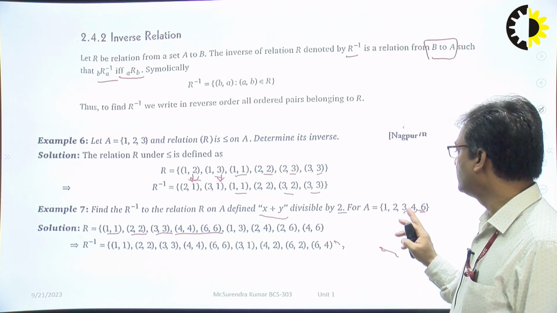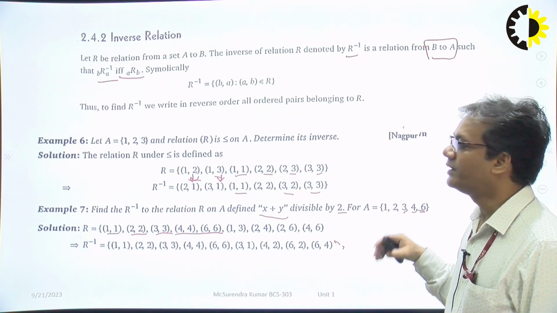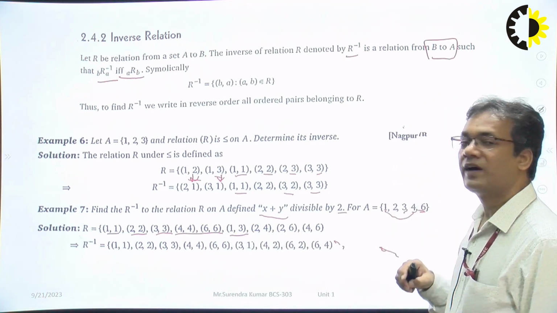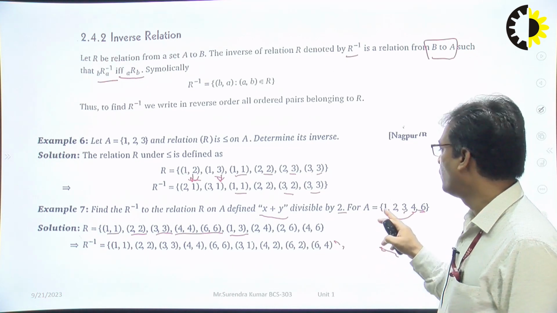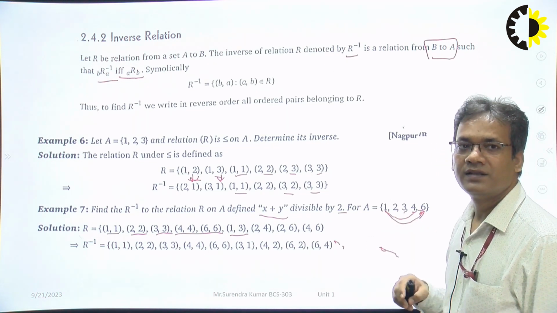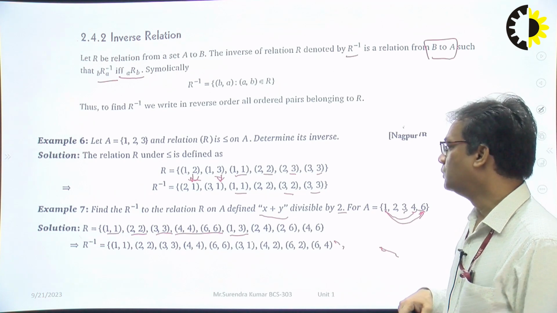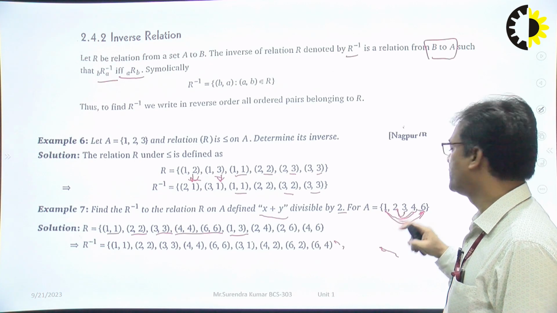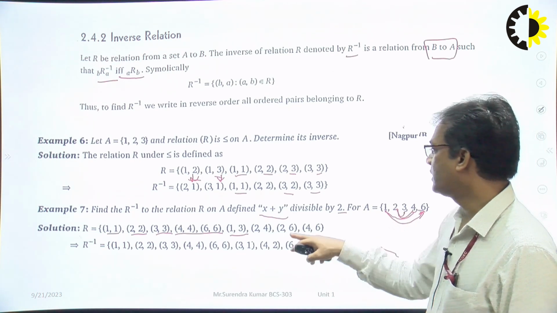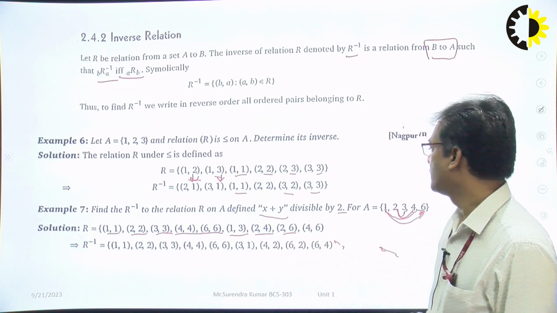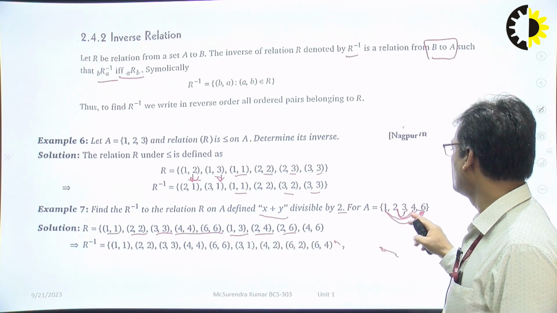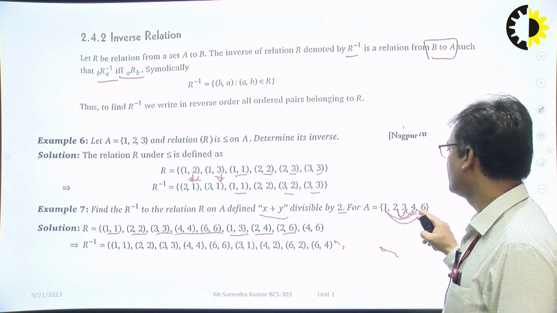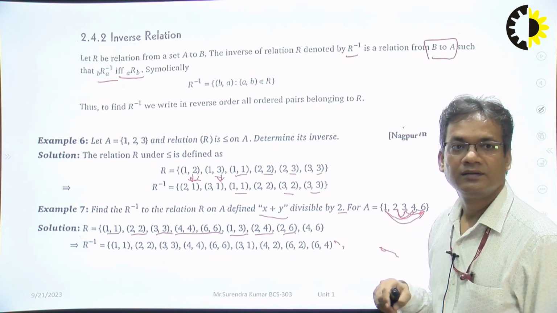If we come to (1,3), 1 plus 3 is 4 and 4 is divisible by 2, which means we will take the (1,3) pair. For (1,4), that is again 5, not divisible by 2, we will leave it. (1,6) we will leave it, it is 7, again not divisible by 2. (2,3) we will not take because it is 5, (2,4) is 6, which is divisible by 2, so we will take (2,6) and (2,4). Again (3,4) will not be divisible by 2, that is 7, and (3,6) is again not divisible, that is 9.